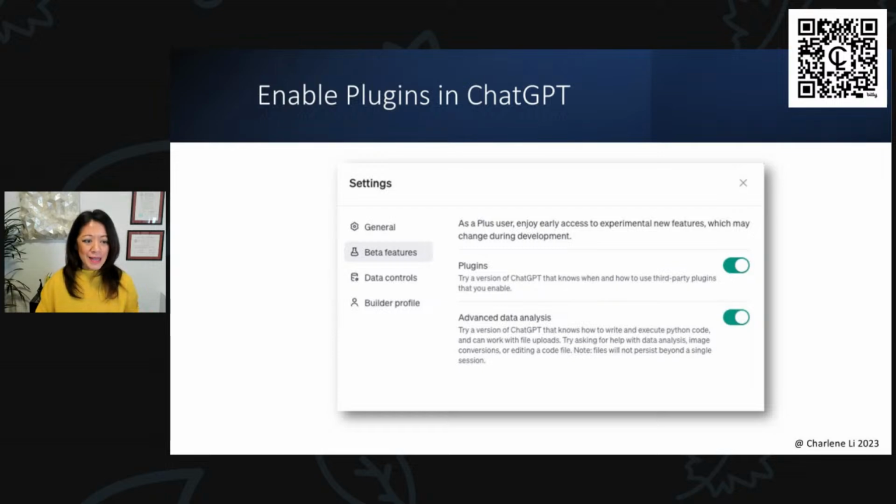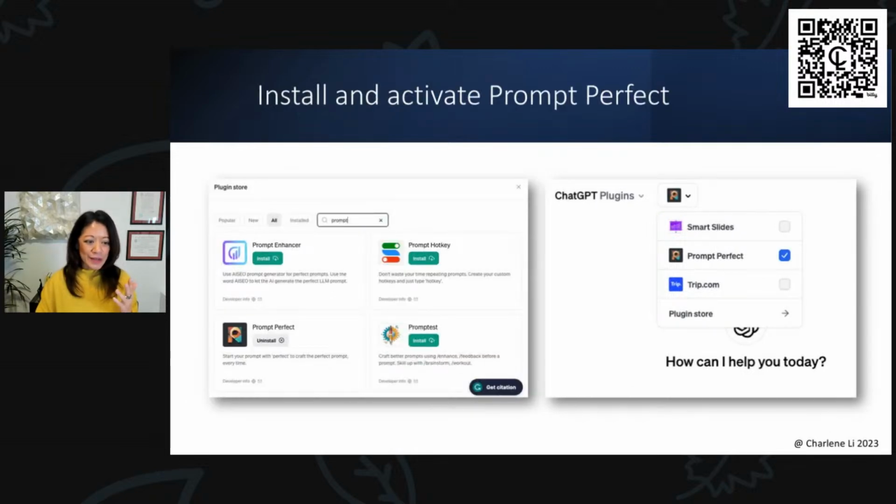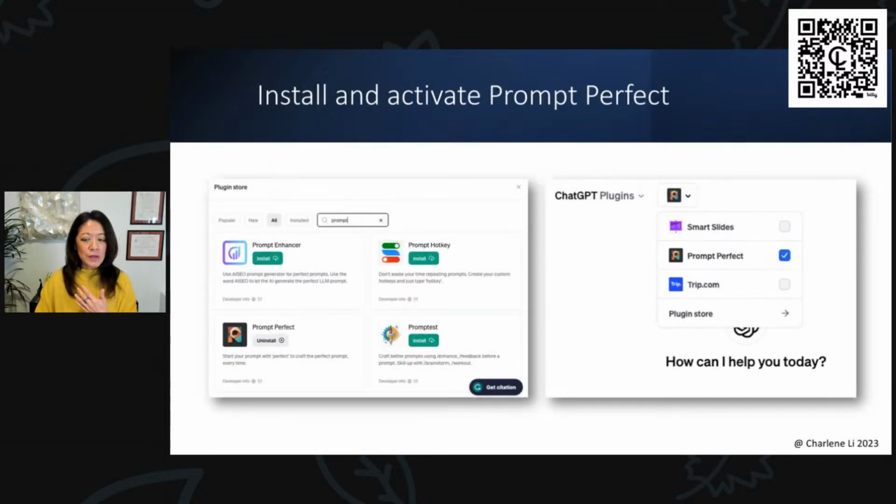So once you enable your plugins, then you can go into ChatGPT. This is the little dongle at the top. You usually have it selected to 4 or 3, but you can now choose plugins. And then from there, you can go into, I'm sorry, this is such a detailed thing, but I think it's helpful, into the plugin store, which is at the bottom there. You can see I already have some of the other plugins here already, but just go into the plugin store and you'll see that if you search for just prompt, you'll find Prompt Perfect.